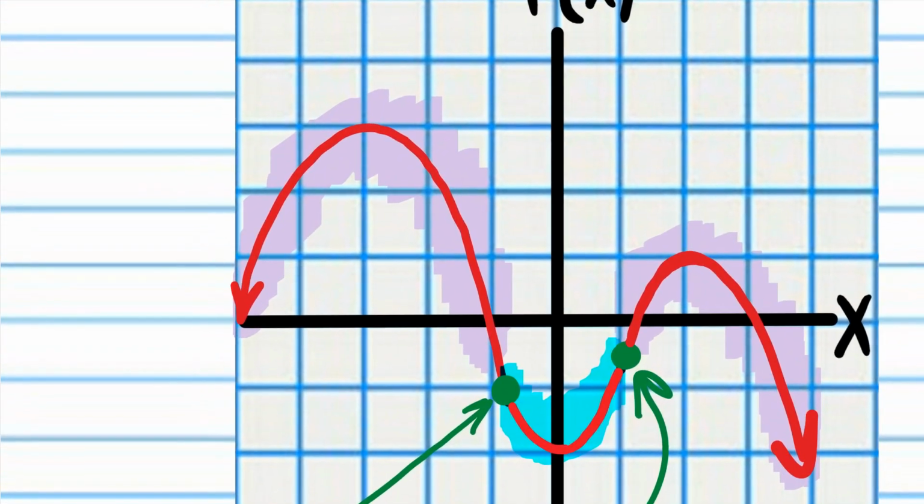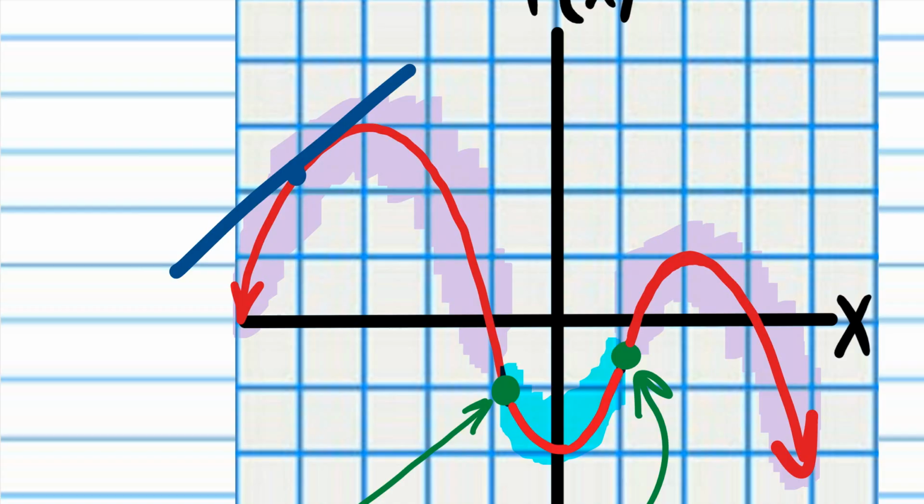Now, as we said, the second derivative is negative when a graph is concave downward. Now, remember, the first derivative is the slope of the tangent lines. So the slope of that blue line is the first derivative. The second derivative is how fast the slope of the blue line is changing.